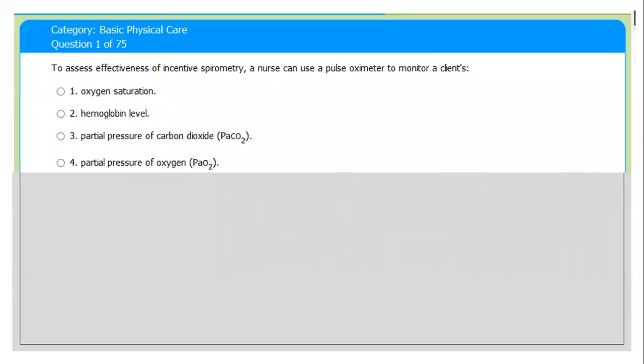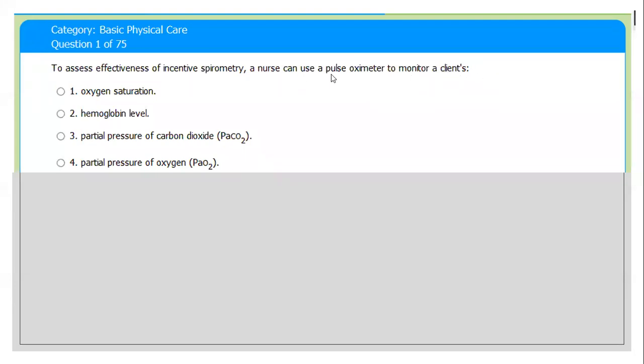The first question here: to assess the effectiveness of incentive spirometry, a nurse can use a pulse oximeter to monitor a client.